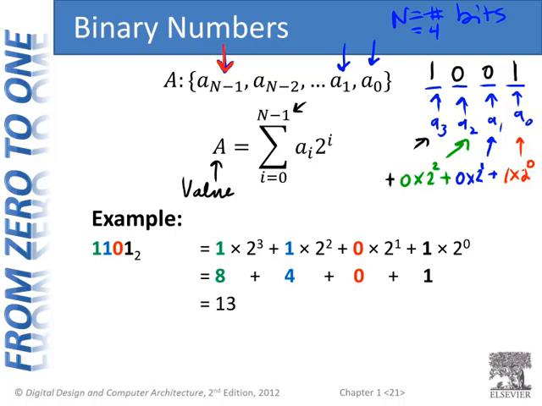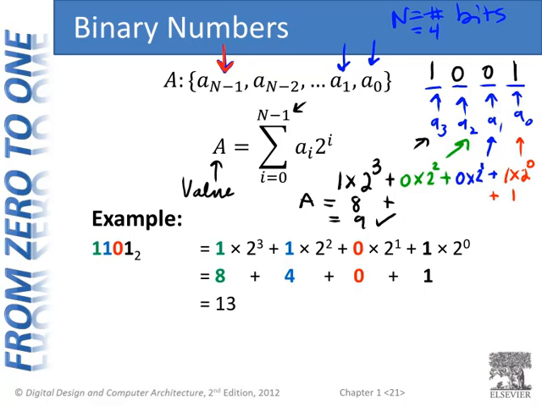So n is 4, n minus 1 is 3, a sub 3 is 1, times 2 to the 3. And we get our value. So just like we've been doing before, we get 8 plus, well, 2 zeros plus 1. So in this case, we get our value A is equal to 9. So this binary representation of our value, 1, 0, 0, 1, in binary is equal to decimal 9.